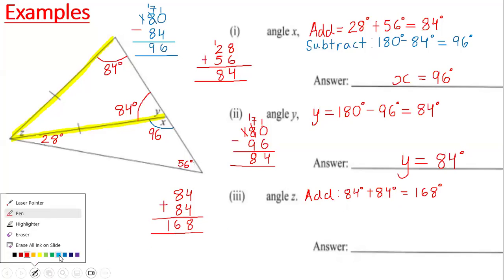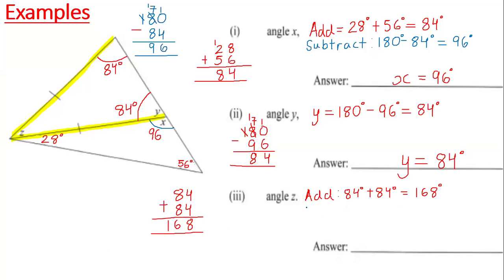No, sir. What do we have to do? We have to subtract 180 by 168. Very good. When we subtract them, we have 180 degrees minus what? 168.